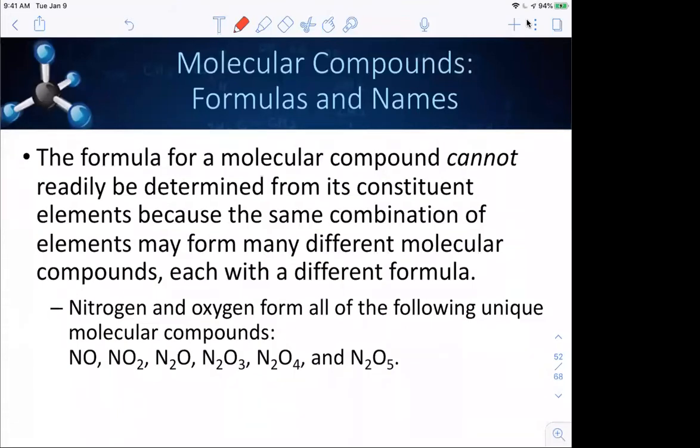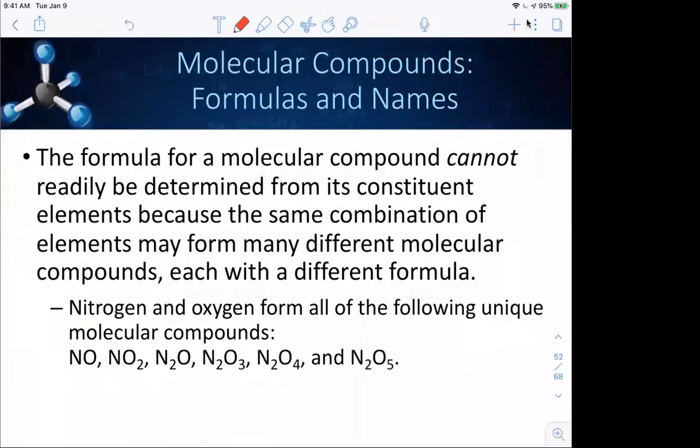Now we're going to turn our attention to molecular compounds. Remember, molecular compounds are covalently bonded nonmetals, and I have that fundamental molecule as my unit.